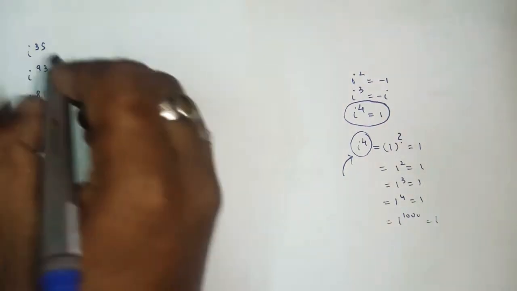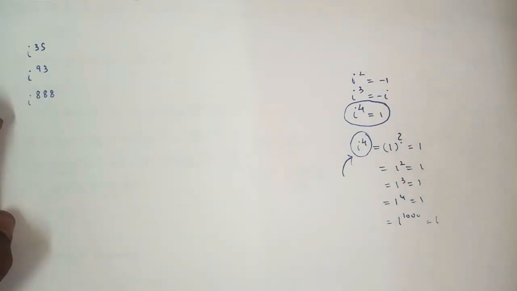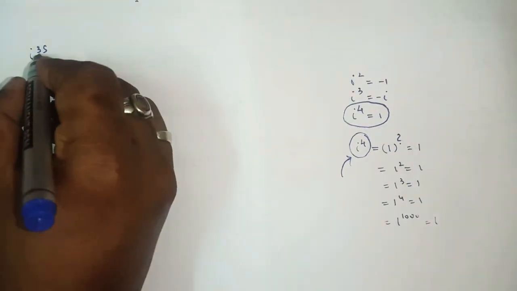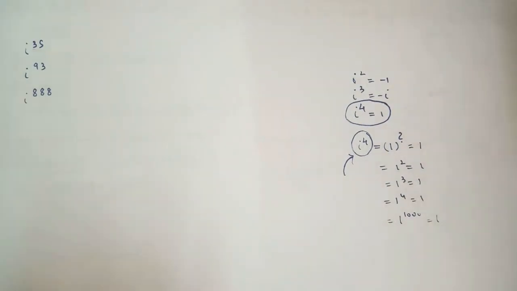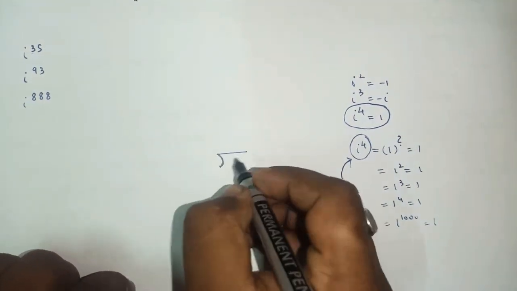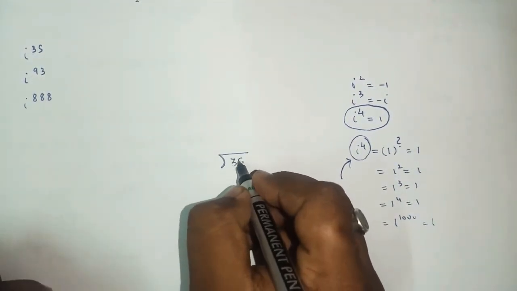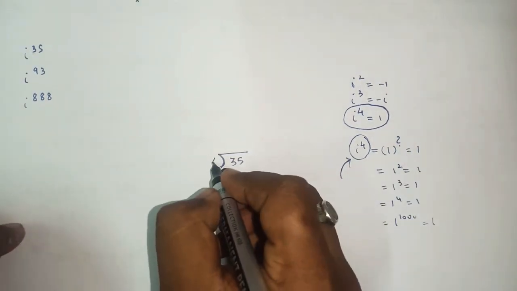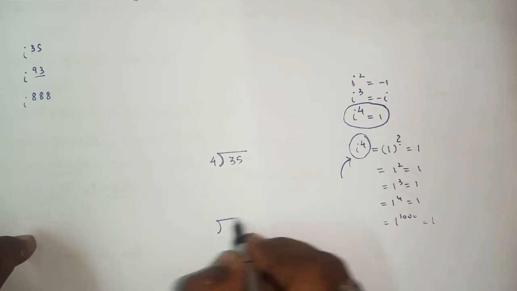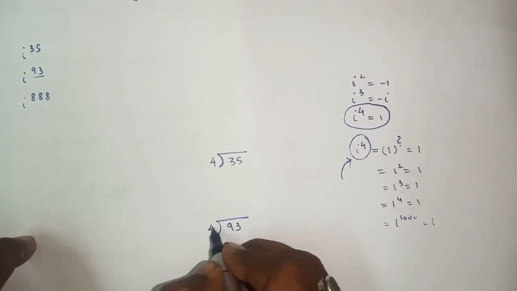Now, what is the technique here, how to find the answer? Listen here. We'll divide this 35 by 4. In the next case, for 93, we'll divide this 93 by 4.